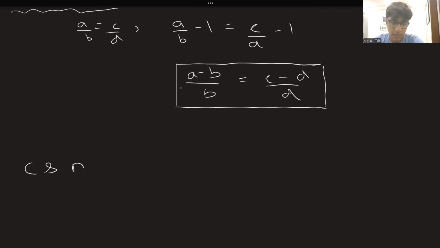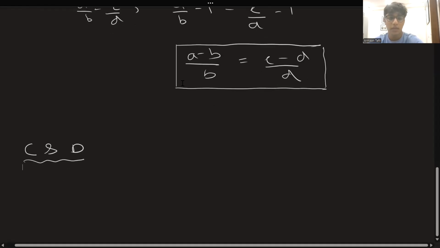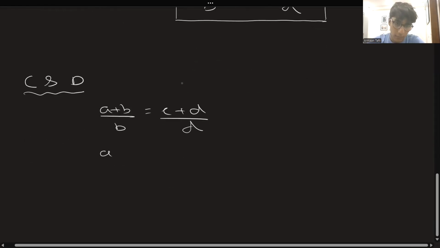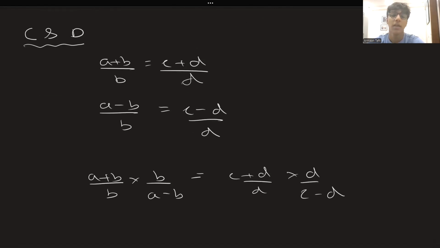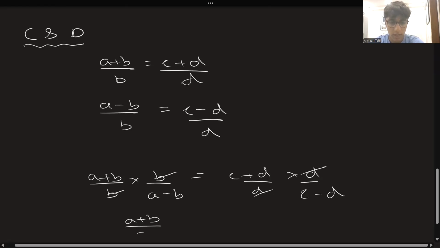In componendo, we derived A plus B by B equals C plus D by D. In dividendo, we derived that A minus B by B equals C minus D by D. Now, if we divide the first one by the second one, we get A plus B by B into B by A minus B equals C plus D by D into D by C minus D. If you cancel the common terms from both sides, we get A plus B by A minus B equals C plus D by C minus D.